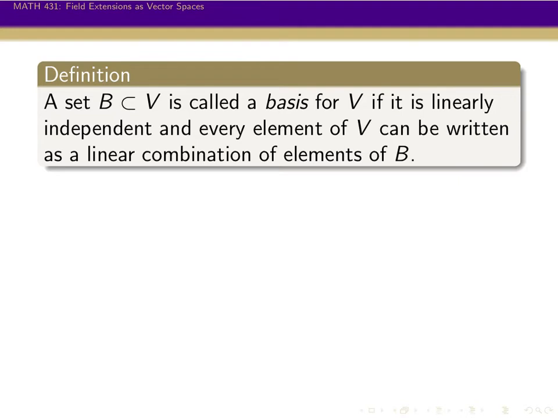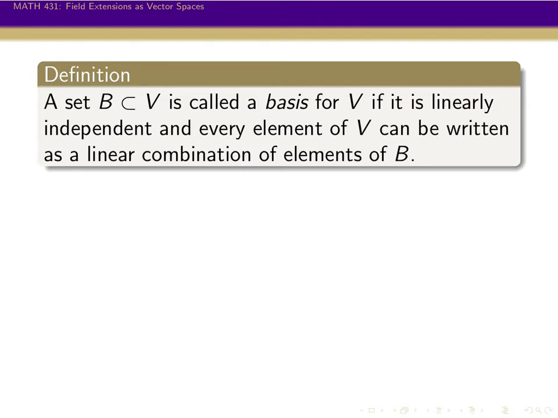So now that we have dimension and linear independence, now we can define bases. So what is a basis for a vector space? Well, a basis for a vector space is a linearly independent set, and it's what's called a spanning set.